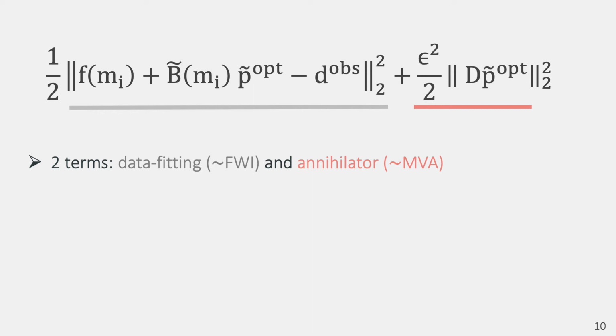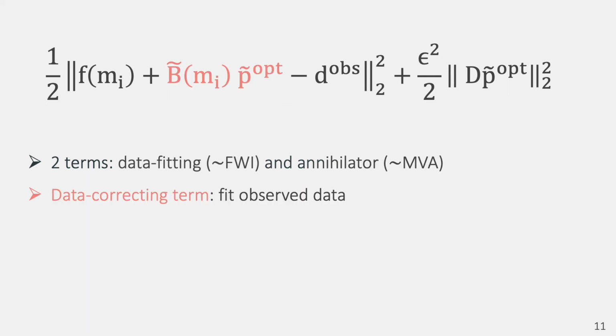This term was designed to resemble a certain type of objective function from an MVA technique. Then, we introduced the data correcting term, whose goal is to fit the observed data. It is the application of the extended Born demigration operator B-tilde, which is an enhanced version of the conventional demigration operator, onto an extended perturbation P-tilde star.